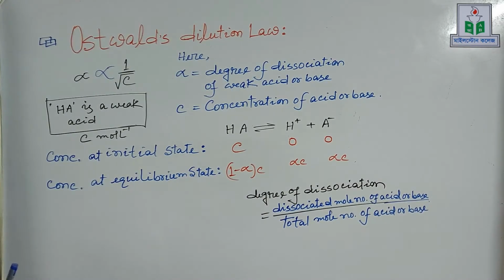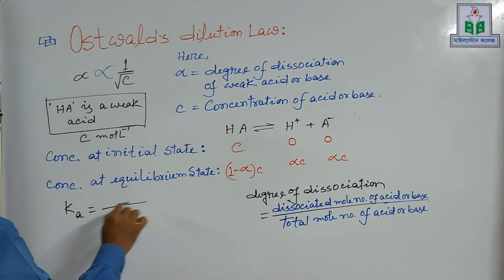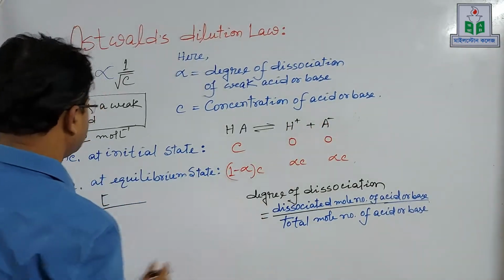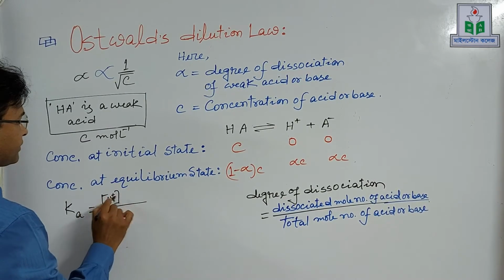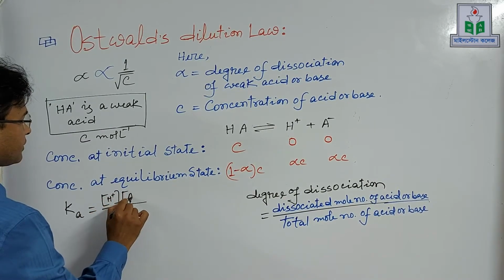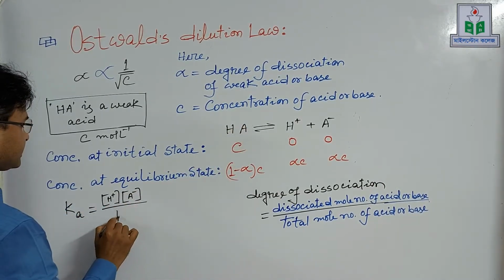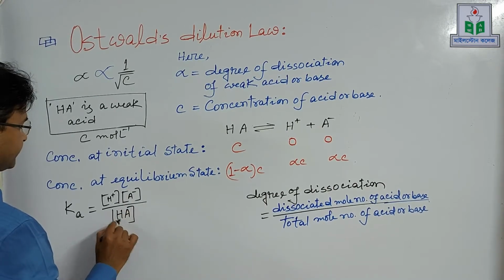According to the law of mass action, I can write Ka equals the molar concentration of products multiplied, divided by the molar concentration of HA, the reactant.